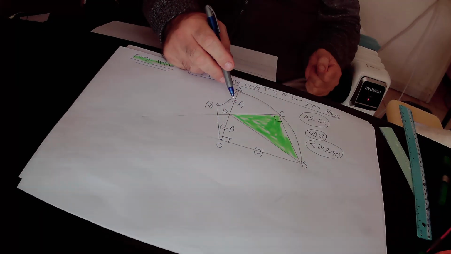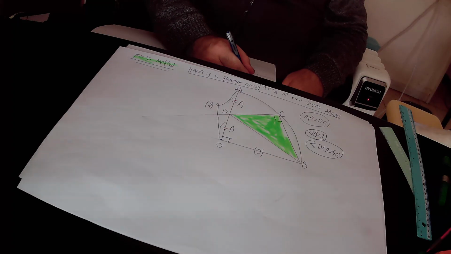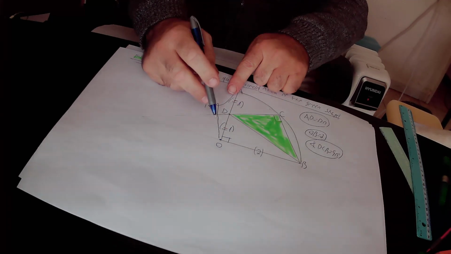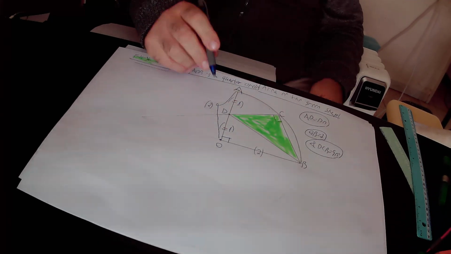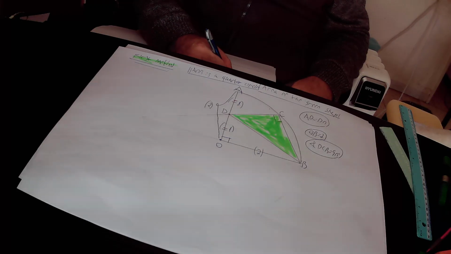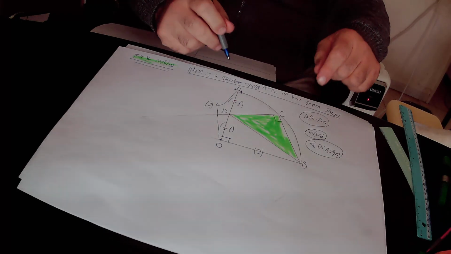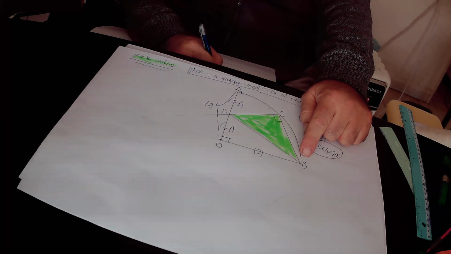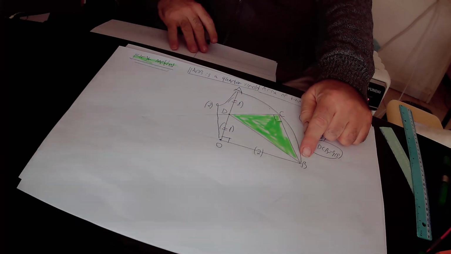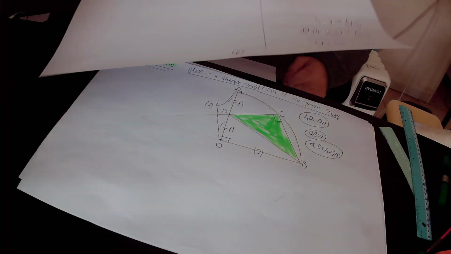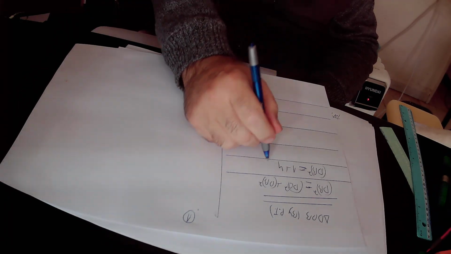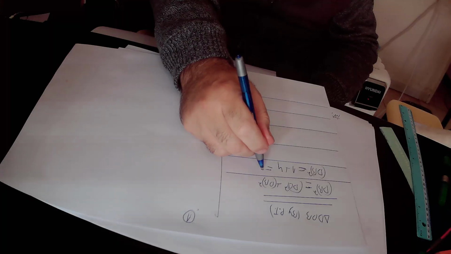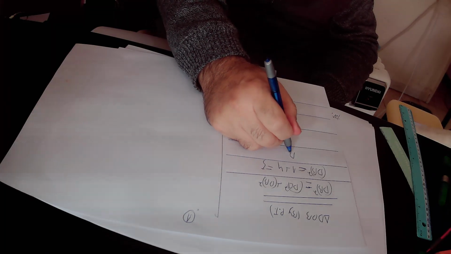DB is the missing side, so we have to solve for it. DB squared equals DO squared. DO is 1, therefore DO squared is 1 squared, that is 1, plus OB squared. OB is 2, therefore OB squared is 2 squared, that is 4. So in total, we found that DB squared equals 1 plus 4, that is 5. So DB squared equals 5.